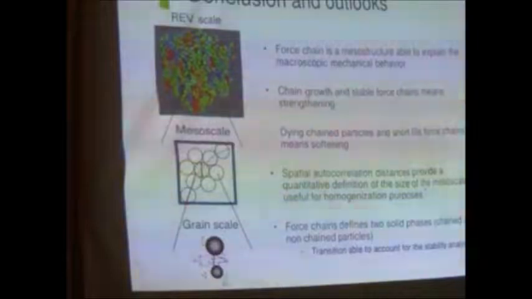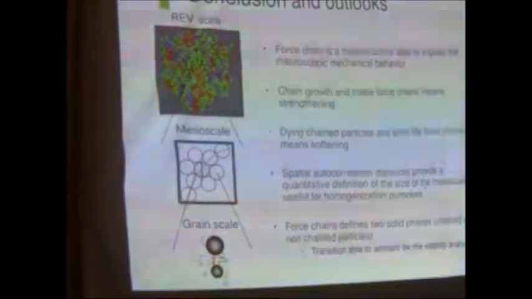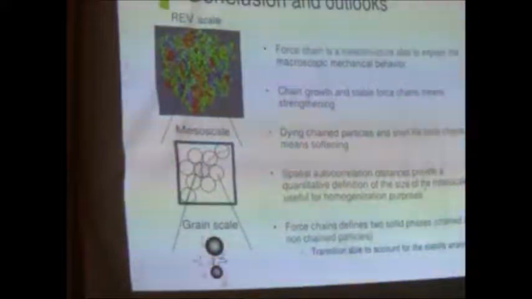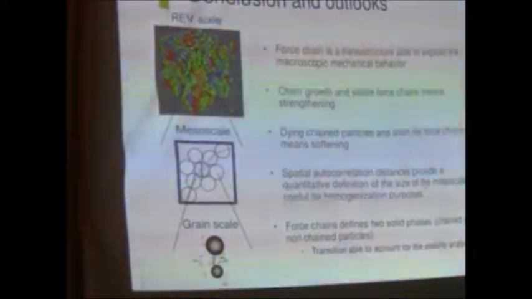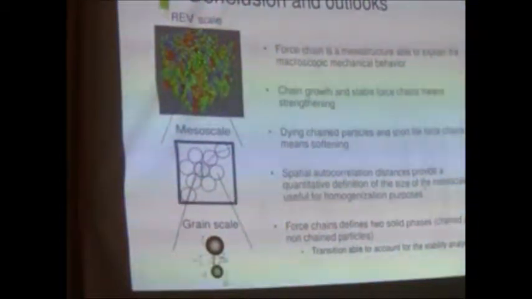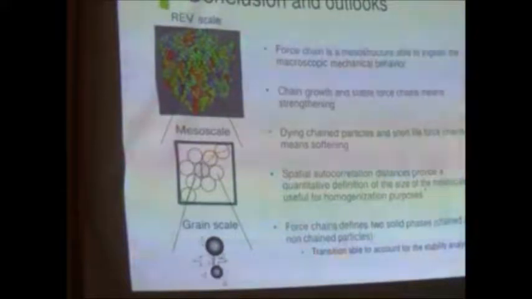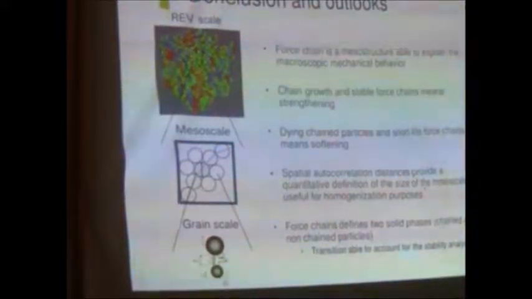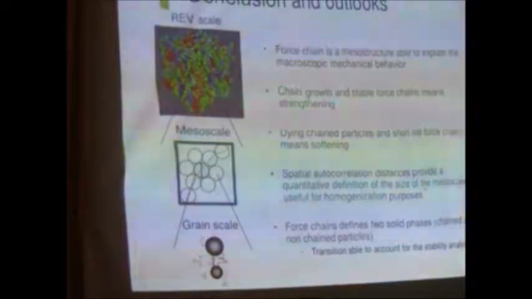And this is something you can easily test numerically. For instance, if you remove the free particles from your material, particles that are not in contact with any other particles, this doesn't change the mechanical behavior incrementally, but if you slightly change the external loading, then you have a sudden collapse of your material, because chain particles become non-chain but there are no non-chain particles able to become chain particles.